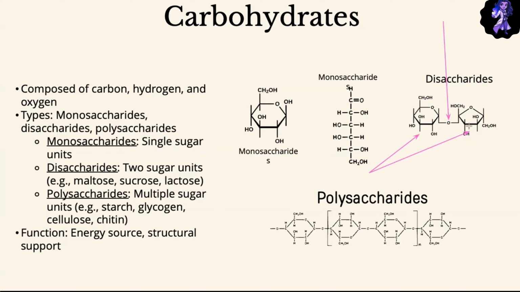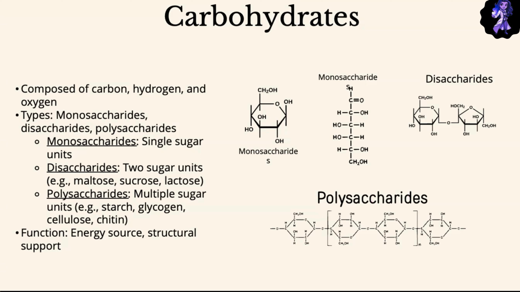If you see two of them joined by one link, that is a disaccharide, di meaning two, so two sugar units. If you have more, then we fall under the category of polysaccharides.